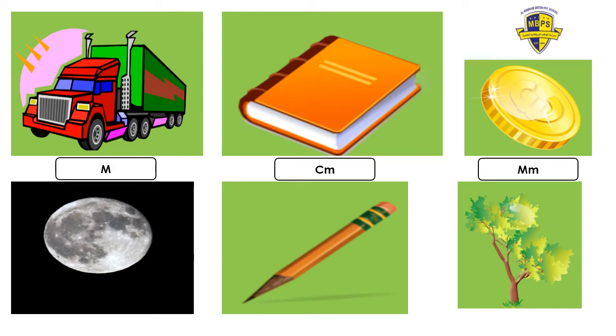We measure it using, surely, kilometer, the biggest unit. Excellent. Your pencil, which unit do we use for your pencil? Centimeter. Excellent. And for the height of the tree, we can use meter. Good job.